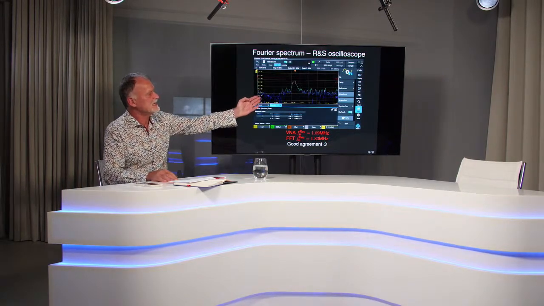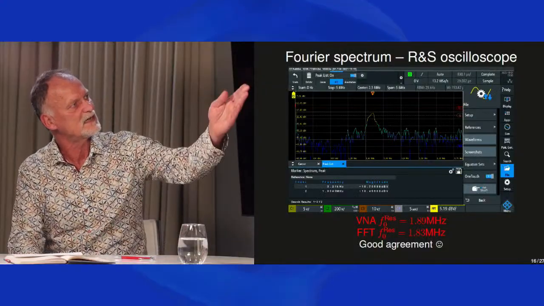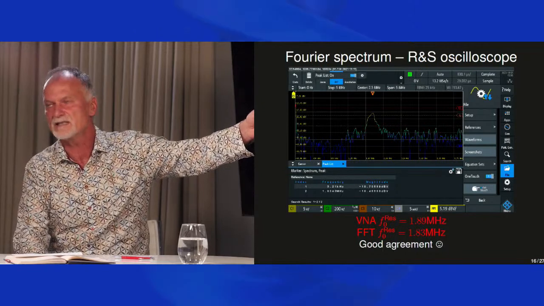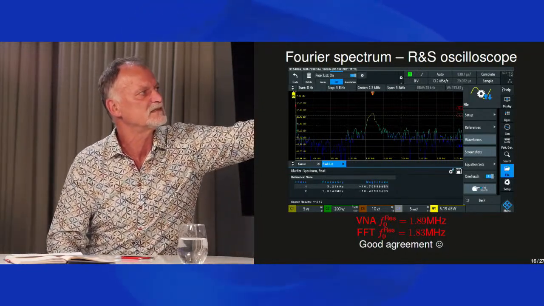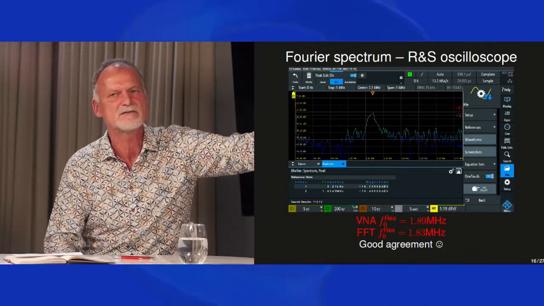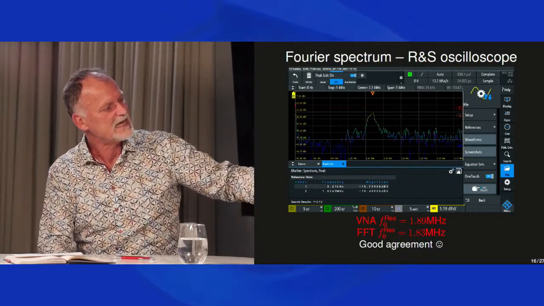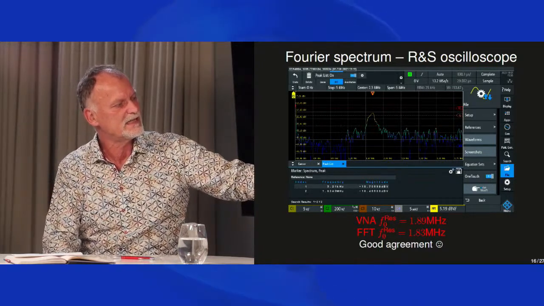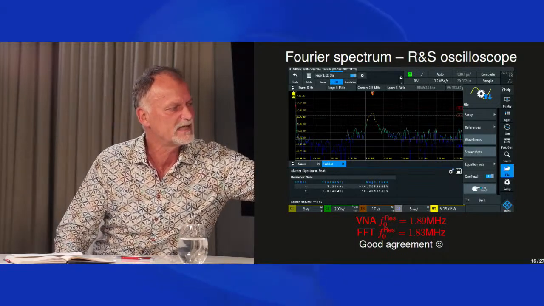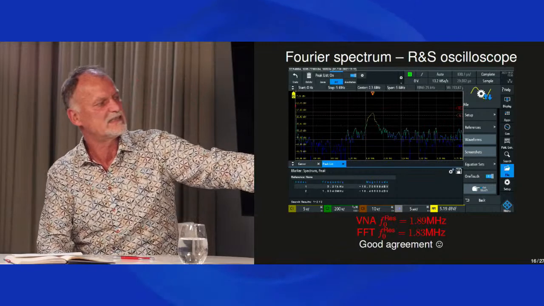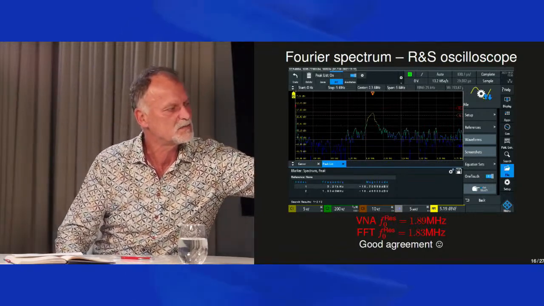This is a snapshot from the real measurement, which we have done with our oscilloscope, where we can do the Fourier transform. The peak is not very nice here. We have also some other tools to measure the Fourier spectrum. But the nice thing is that the Fourier transform shows a clear peak at 1.83 megahertz, and the VNA, without the high voltage, shows us 1.89 megahertz.